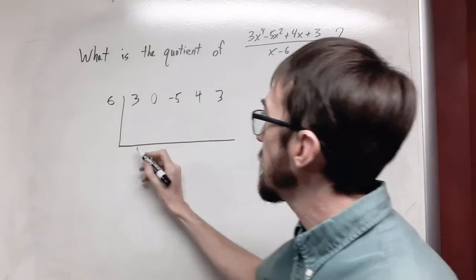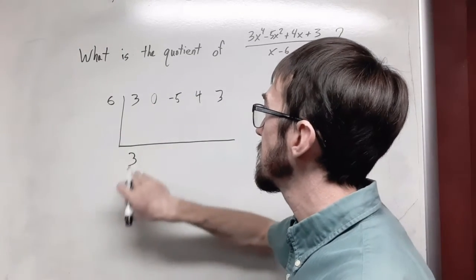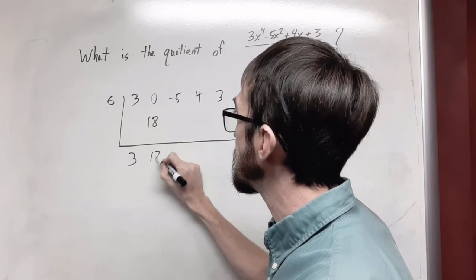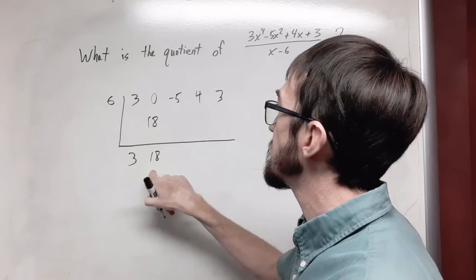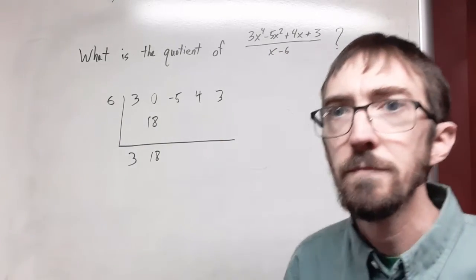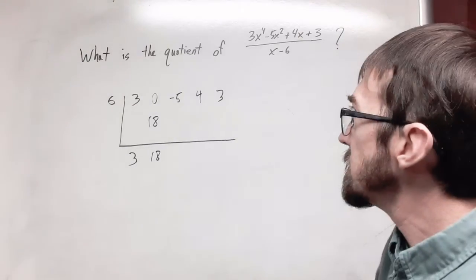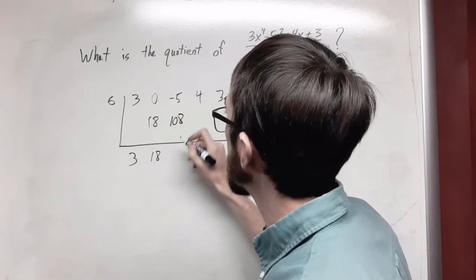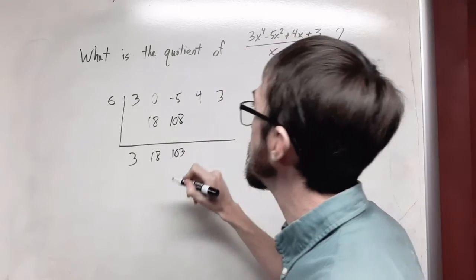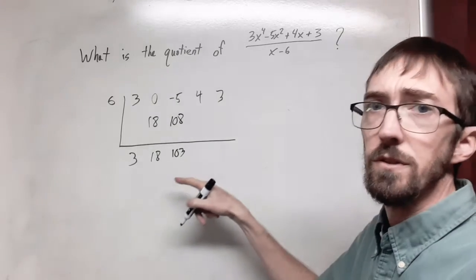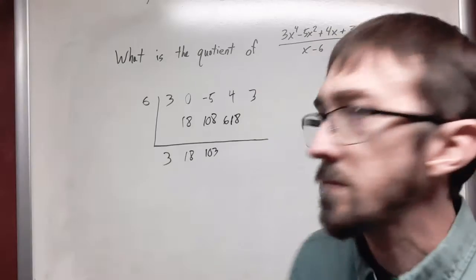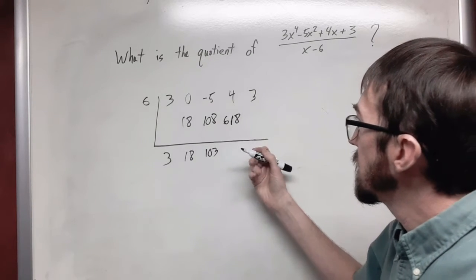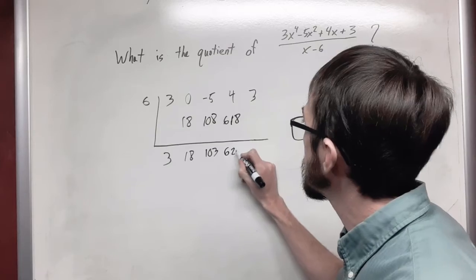So we have 3 plus nothing is 3. 6 times 3 is 18. 0 plus 18 is 18. 6 times 18 is 108. 108 minus 5 is 103. 6 times 103, all right, so 618 plus 4 is 622.